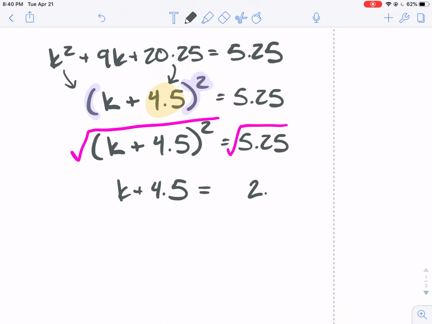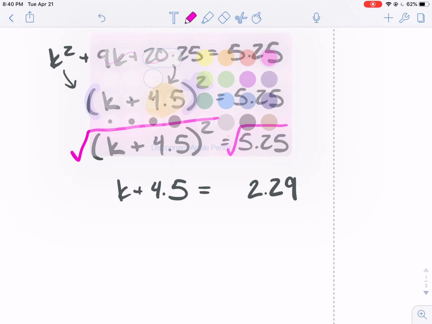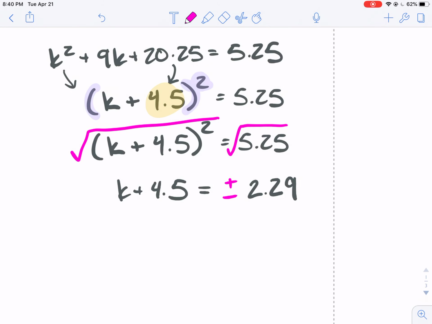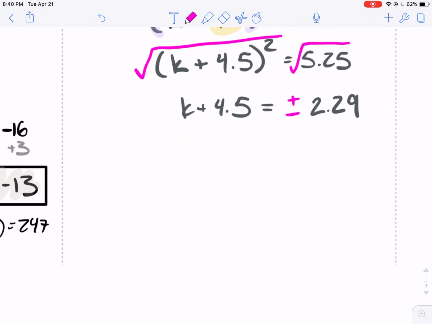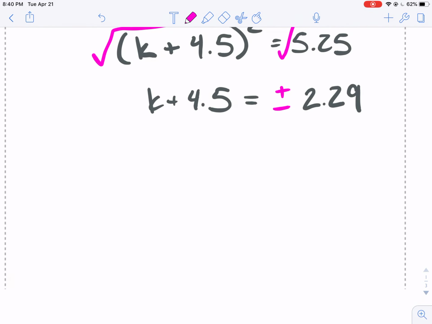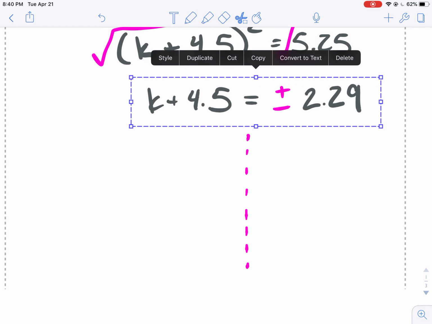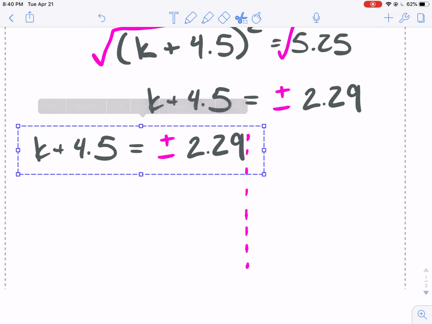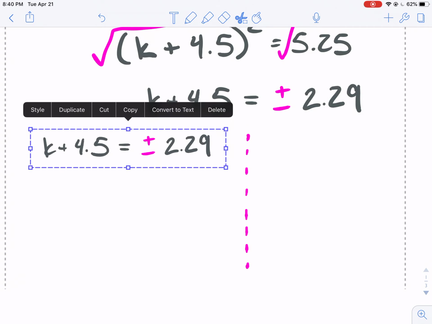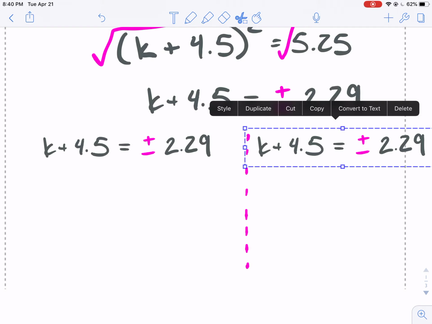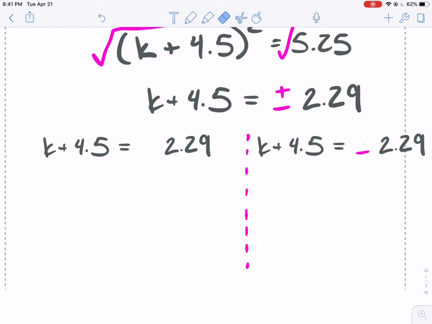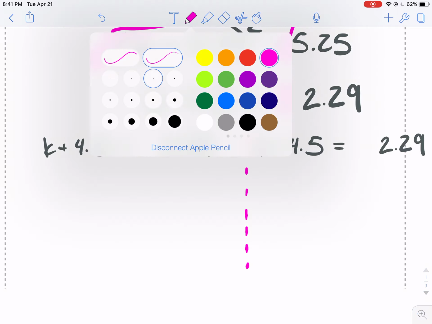We're going to round it 2.29, keeping in mind, since we took a square root, we need to do plus and minus. Now we're almost there. Since we have our plus or minus, we need to split them into two equations. So we have k plus 4.5 equals a positive 2.29, and k plus 4.5 equals a negative 2.29.